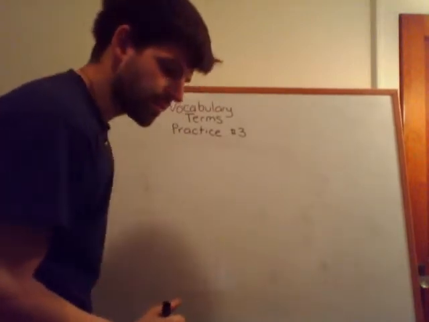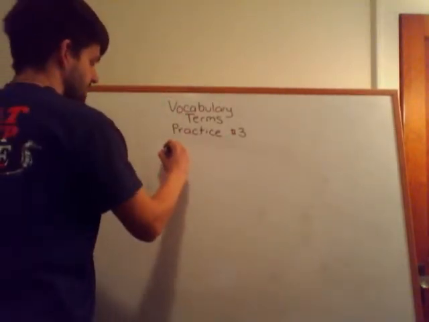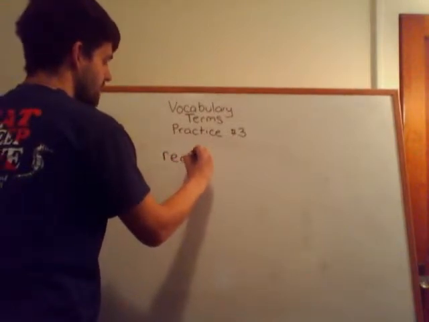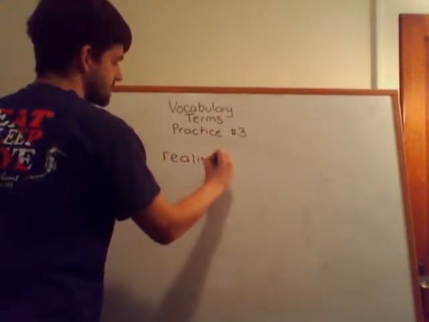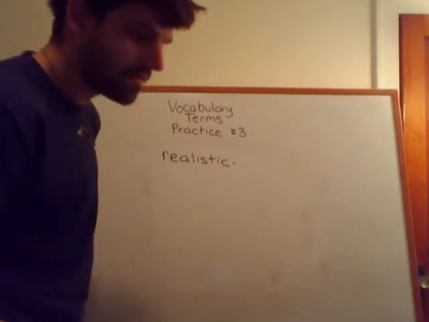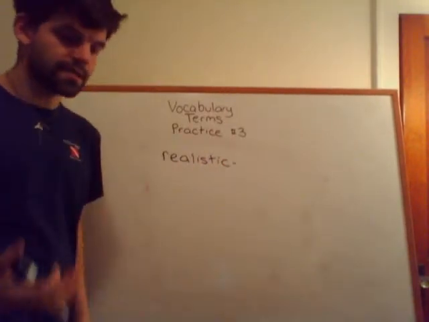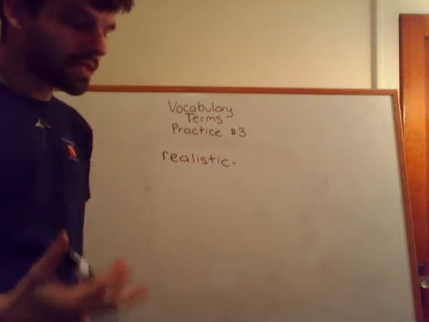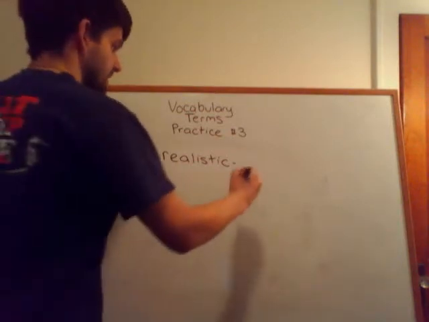Okay, so our next word is the word realistic. Realistic is spelled R-E-A-L-I-S-T-I-C. Realistic means having a suitable or practical idea of what can be achieved or expected.